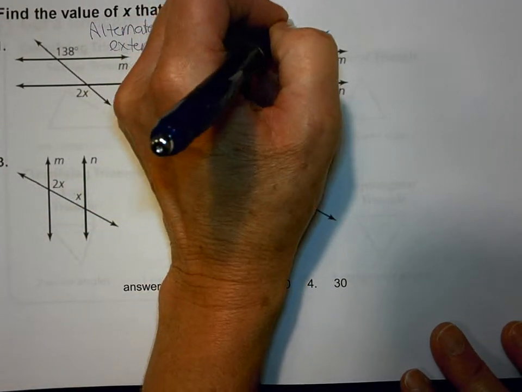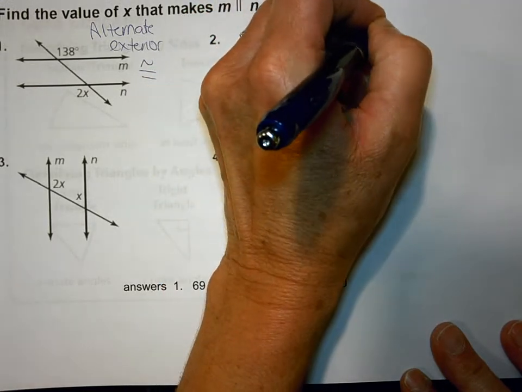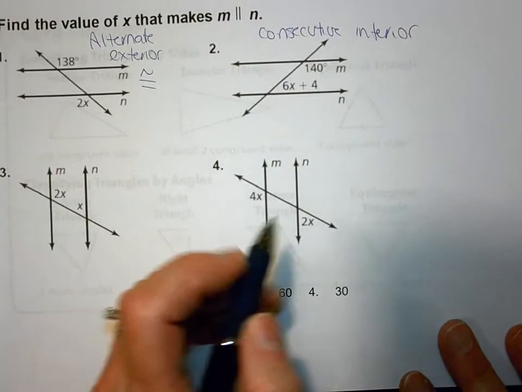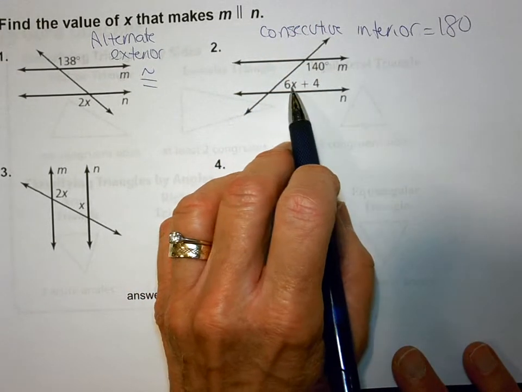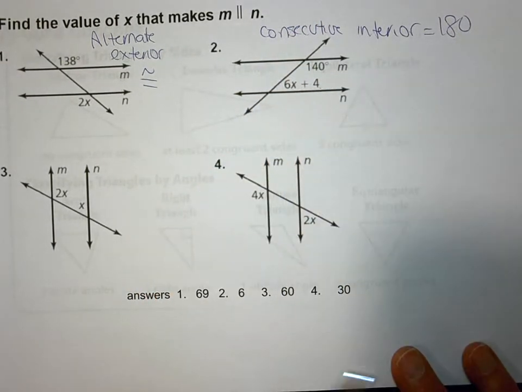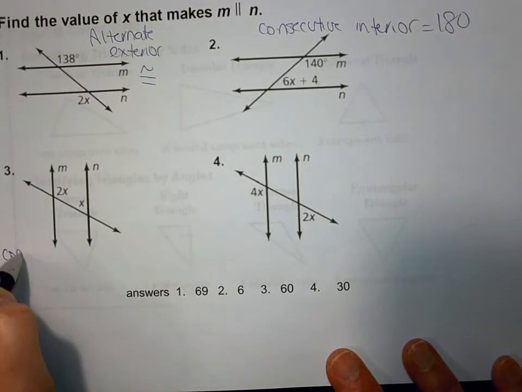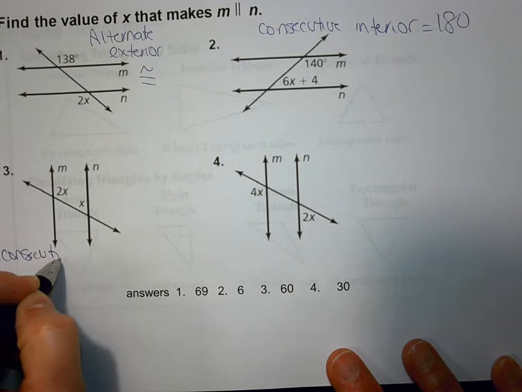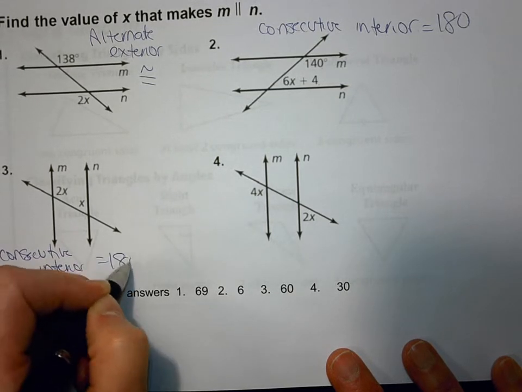These are consecutive interior angles, so those are supplementary. So please set 140 plus 6x plus 4 equal to 180 and solve. 3 is the same as number 2, so it is consecutive interior angles, which again are supplementary.